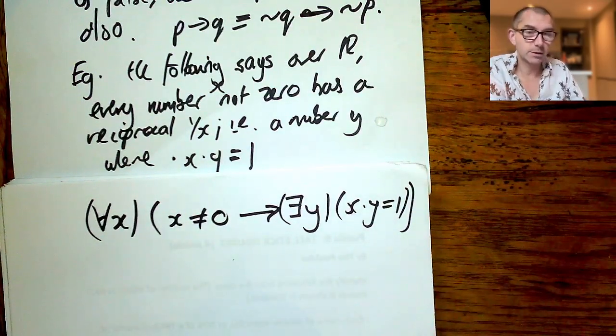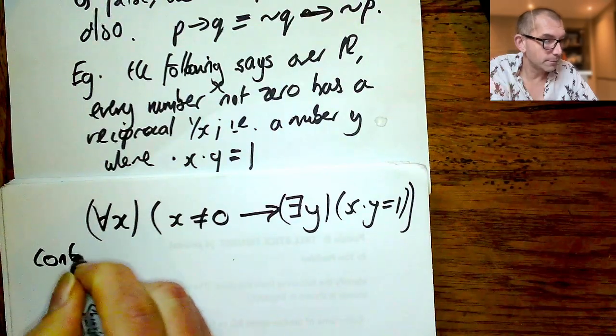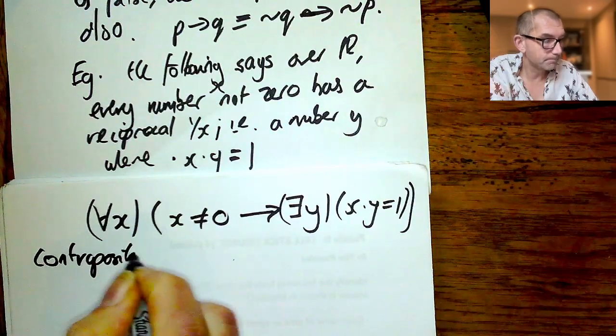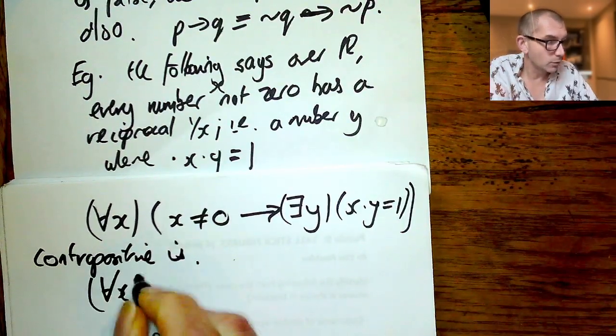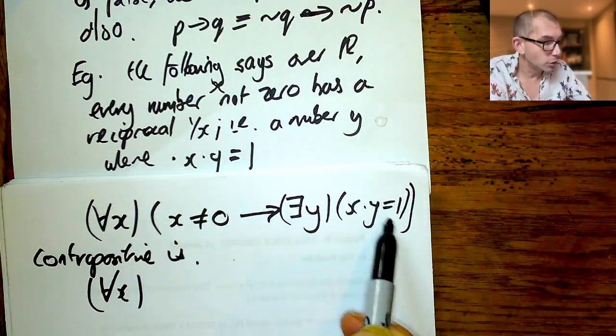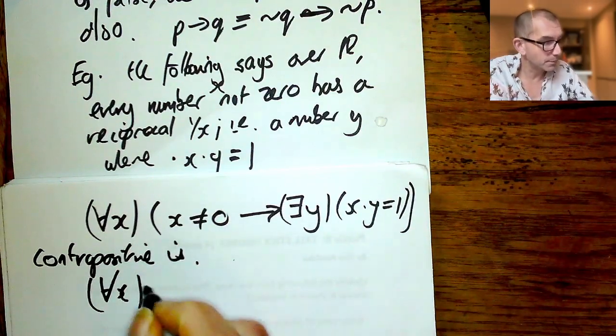So let's write down the contrapositive. So the contrapositive is, it starts the same, for all x, and then I take not of this and then not of this, and I swap them over.